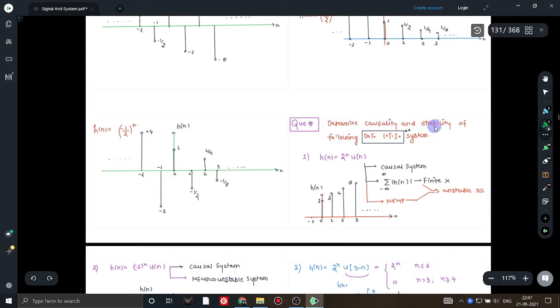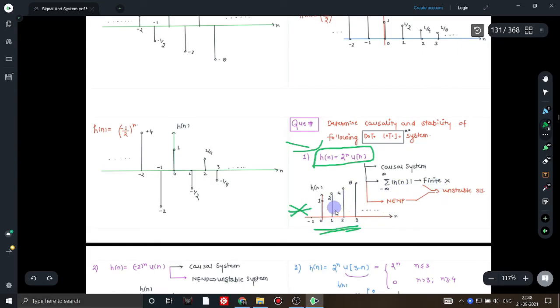Determine the causality and stability of the following discrete time LTI system. The question given is h[n] equals 2 power n u[n]. This is the graph of h[n]. It is a causal signal, as you can see that the graph does not exist before t equals 0.